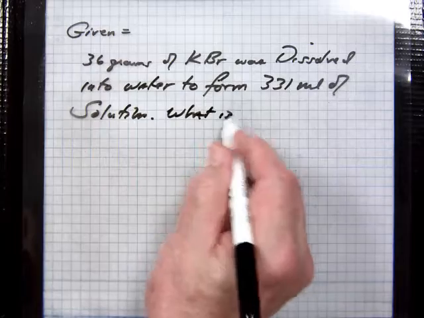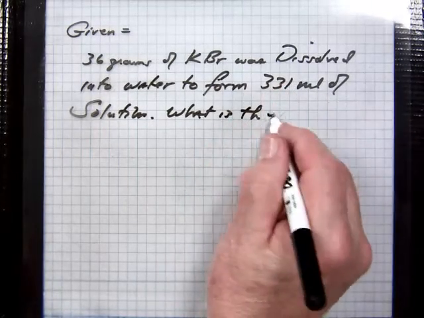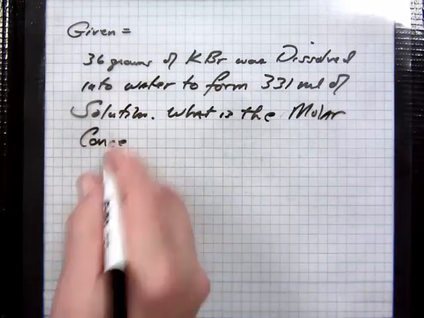What is the molar concentration of potassium bromide?